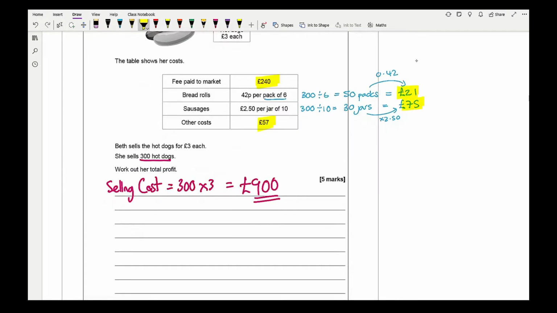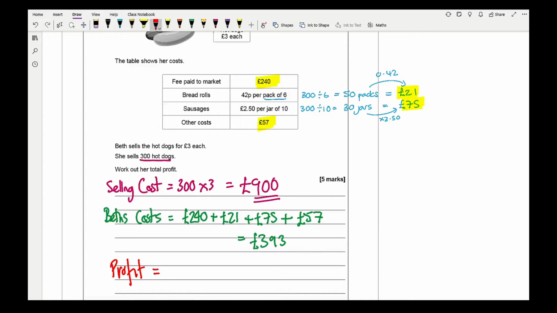So if I just scroll down a little bit and use a different color, in terms of Beth's costs, it's going to be 240 plus £21 plus £75 plus £57. And if I type that into my calculator, 240 plus 21 plus 75 plus 57 comes up to a total cost of 393.